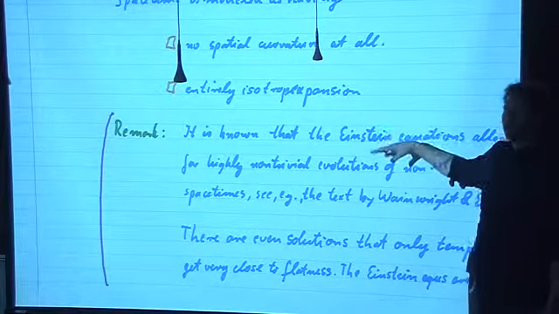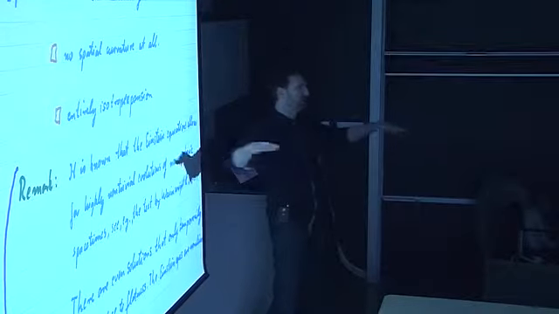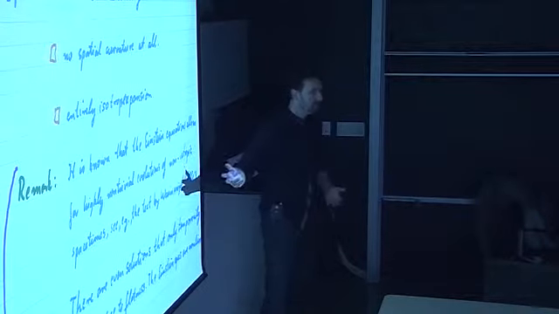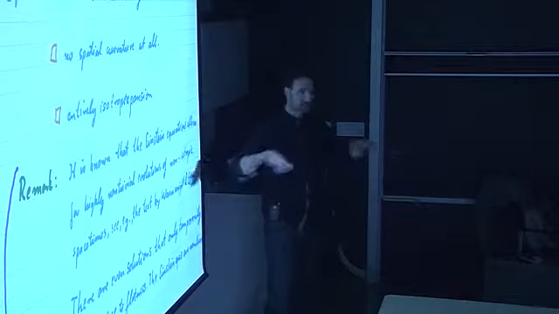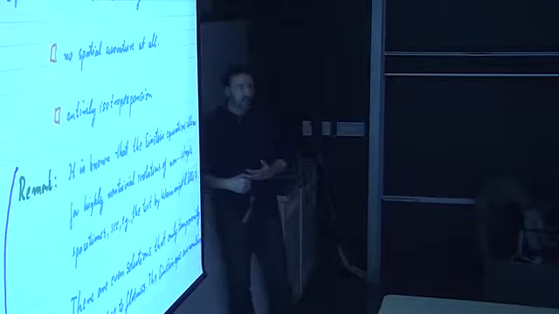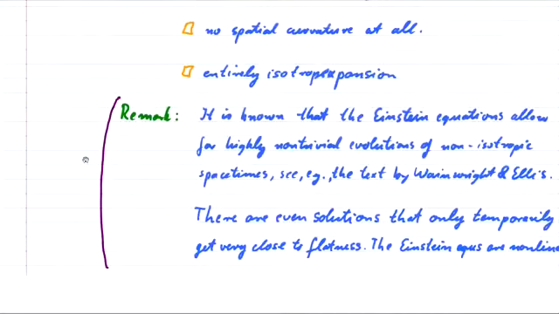There are solutions that have been studied which come very close to a flat universe that's almost isotropically evolving, but only temporarily. And then it takes off and does all sorts of weird stuff. So a phase of almost flatness and almost isotropy can arise temporarily. And that's a bit weird. But this is what you get with nonlinear equations. This is also the reason why perturbation theory is really a non-trivial thing for general relativity.